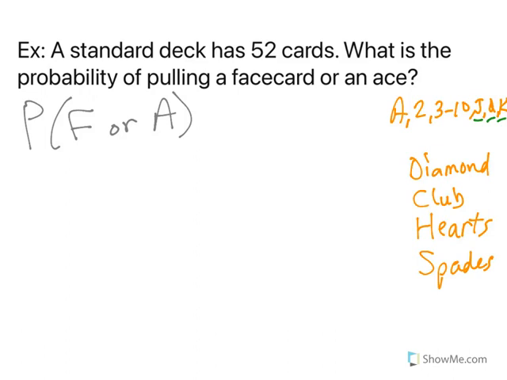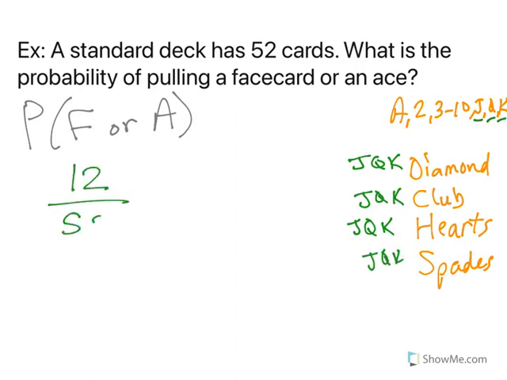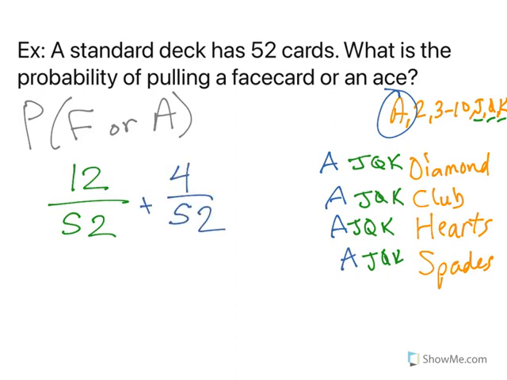So, if each one of these suits has a jack, a queen, and a king, how many total face cards are there? There's 3 per suit, so we have 12 face cards out of 52 total. Also, each suit has an ace. So we would add 4 out of 52 because there are 4 aces out of the entire deck.